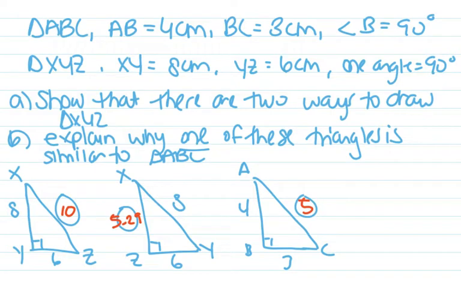Now we can show that one is similar to the other, so we need to set up our ratios. So this is part of letter B. So XY over AB, this is for the first option for XYZ.